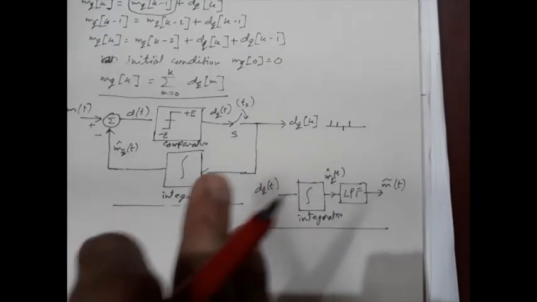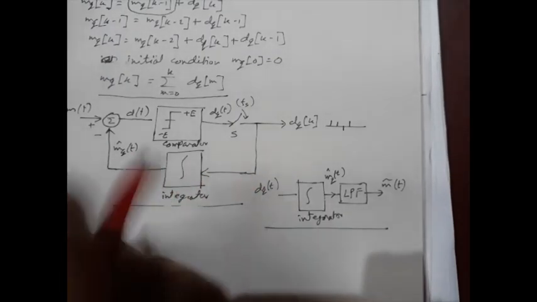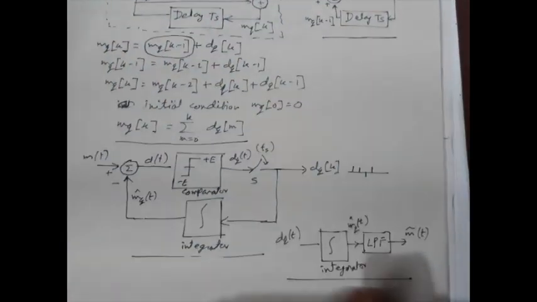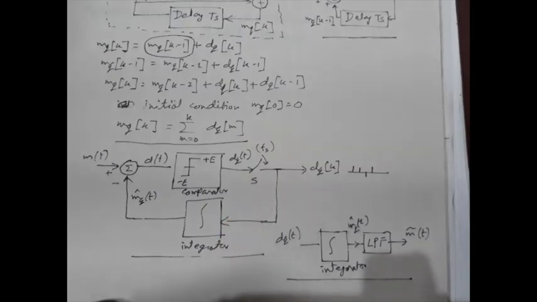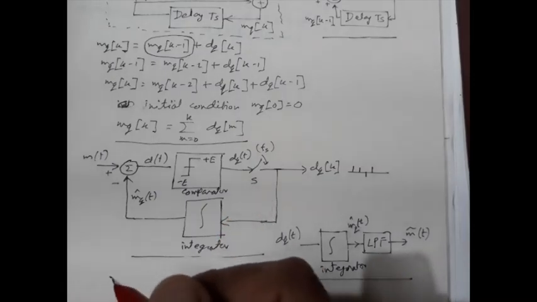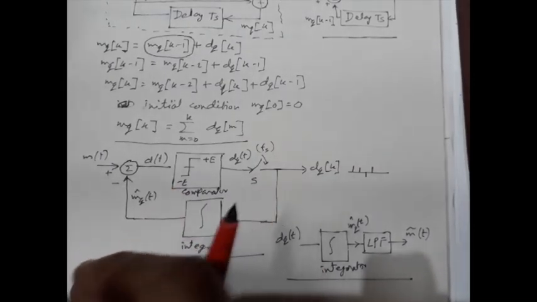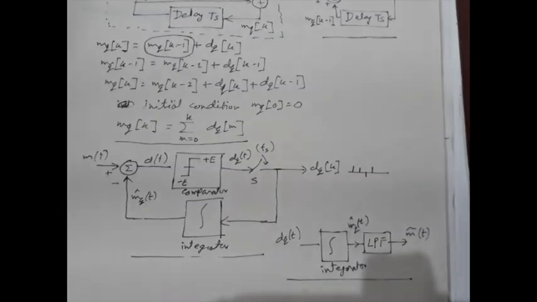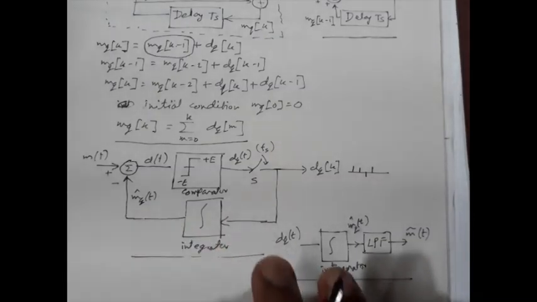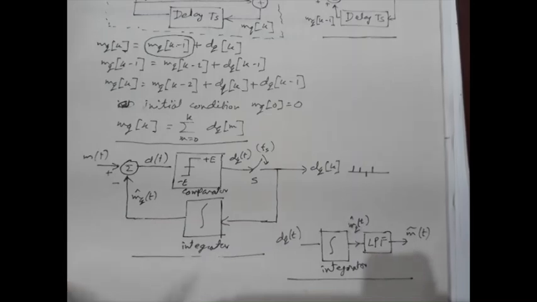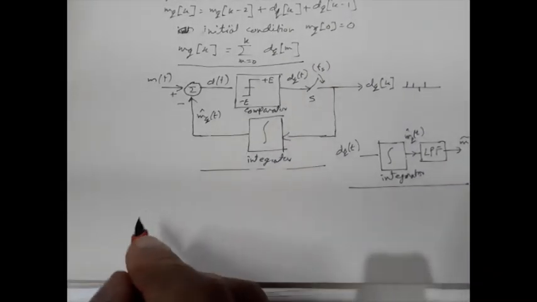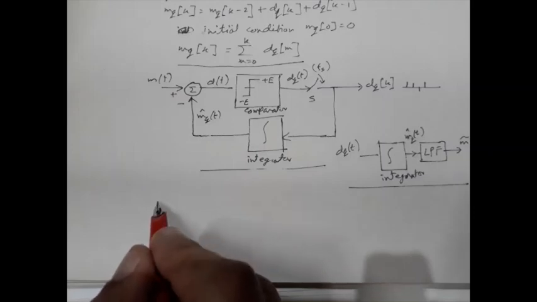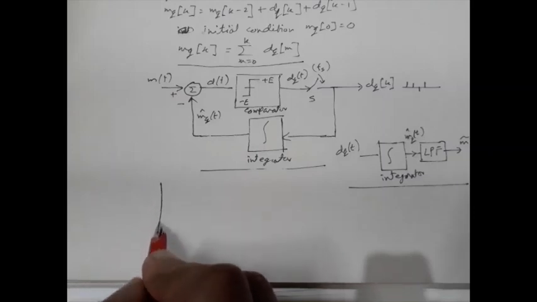So here the first order predictor, rather this delay, is actually replaced by a low cost integrated circuit, and the modulator consists of a comparator and a sampler in the direct path and an integrated amplifier in the feedback path. Now let us see how it works, and for that we assume a signal.